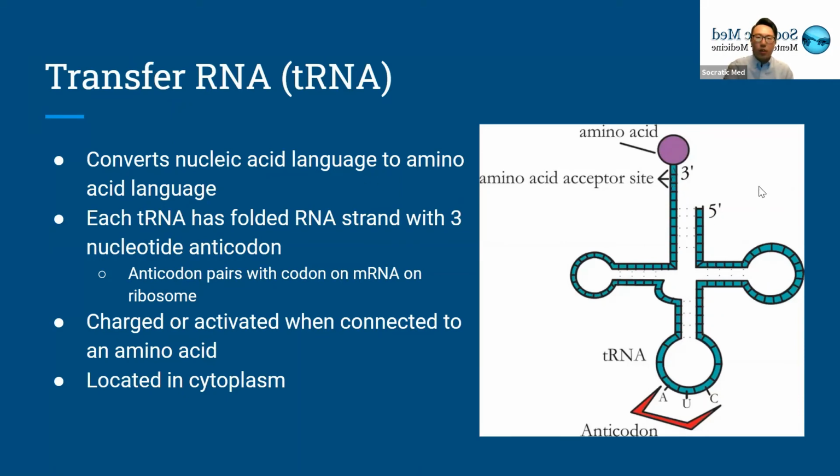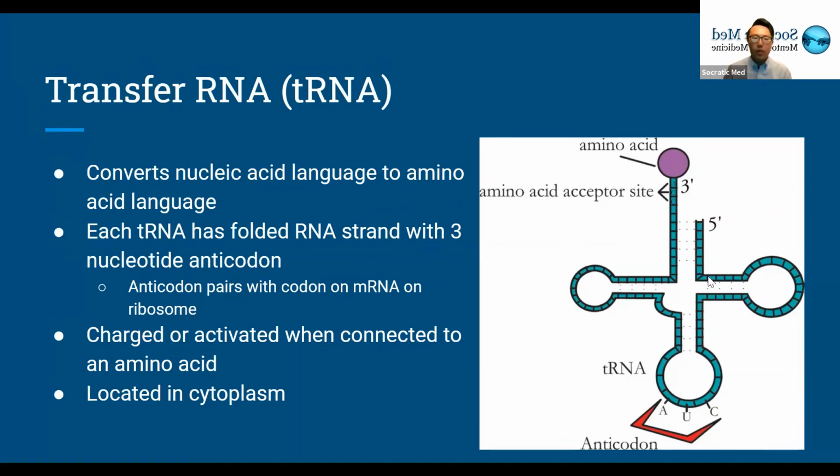As for the structure of tRNA, each tRNA has a folded RNA strand with a 3-nucleotide anticodon. This anticodon is opposite to the mRNA, so the anticodon pairs with the codon on the mRNA.